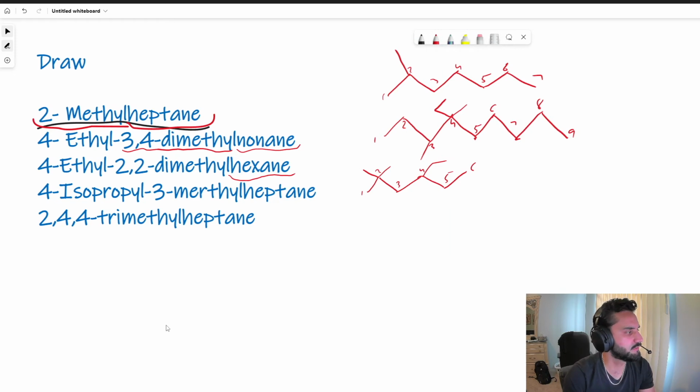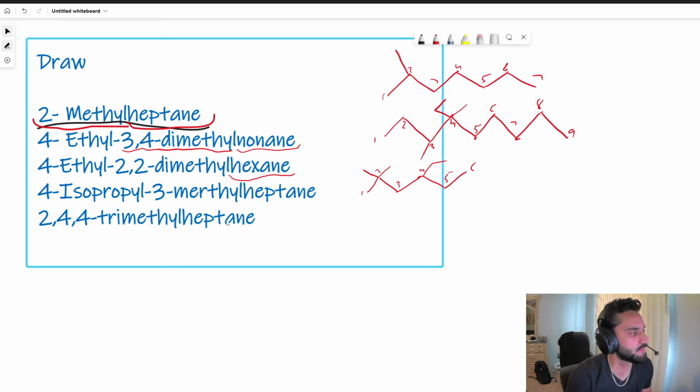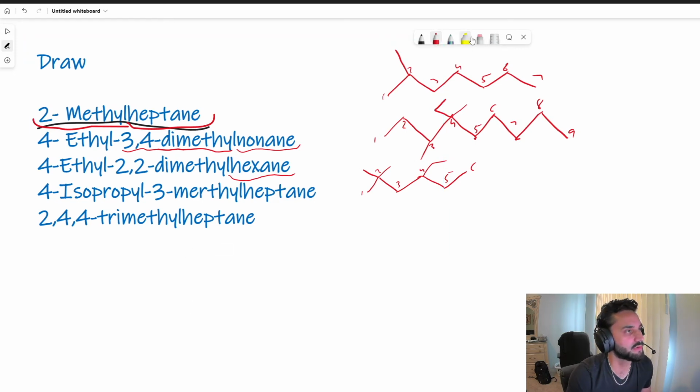Let's do the 4-isopropyl 3. There's an error here. Let me just erase this. It should just say methyl, not myrtle. Methyl heptane. So 4-isopropyl 3-methyl heptane.